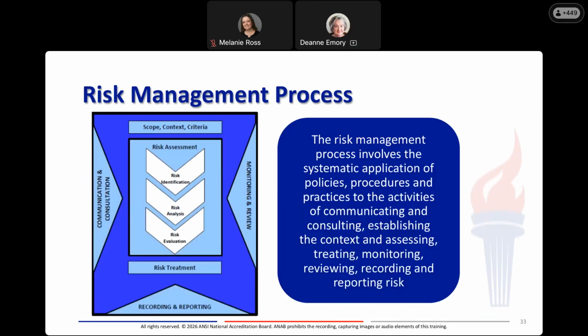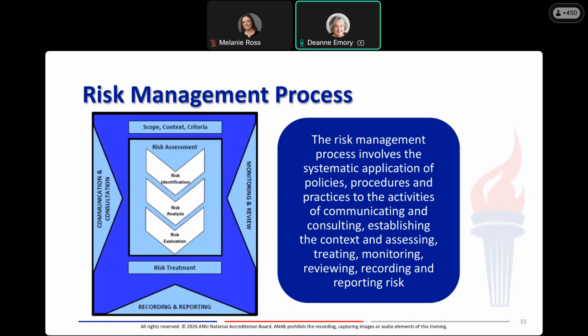So let's briefly look at the risk management process. We're going to be discussing this process during the risk assessment webinars in March. The risk management process involves the systematic application of policies, procedures, and practices to the activities of communicating, consulting, establishing the context, and assessing, treating, monitoring, reviewing, recording, and reporting risk.